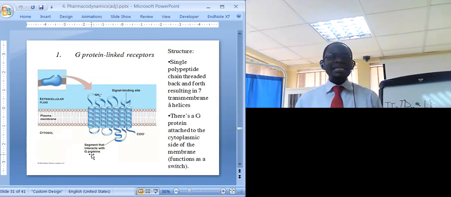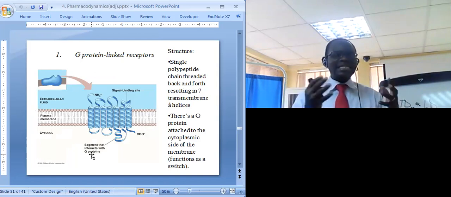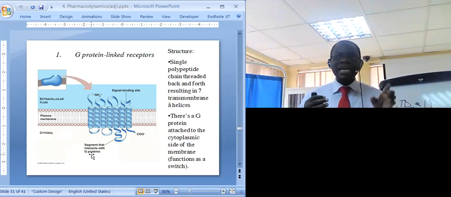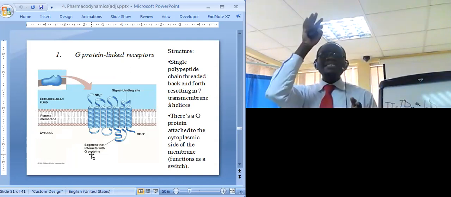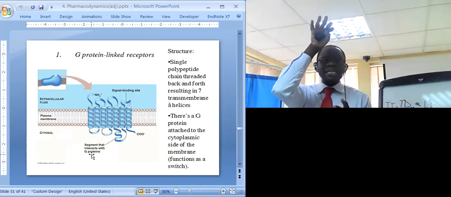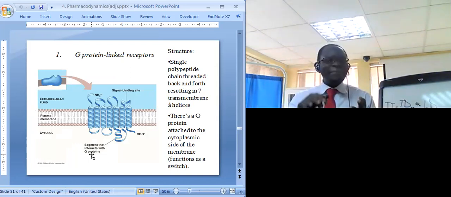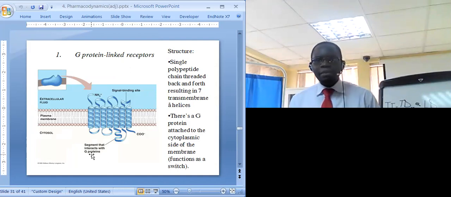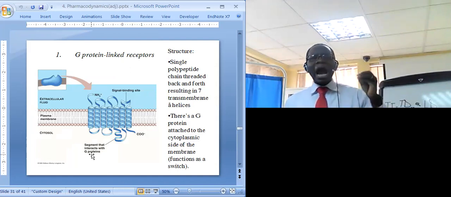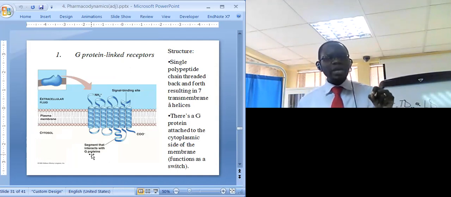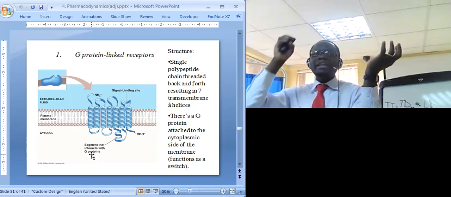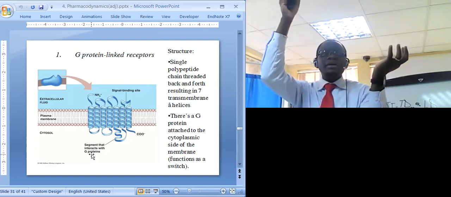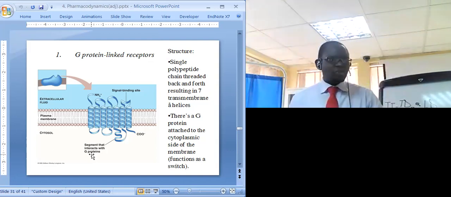They have a helix of polypeptide chain, 7 in number. As you can see, it traverses the membrane. It has a part within the membrane and a part outside the membrane. The part outside the membrane is where we have our receptor, the point where the ligand, or the drug, comes to bind, as you can see in that diagram.